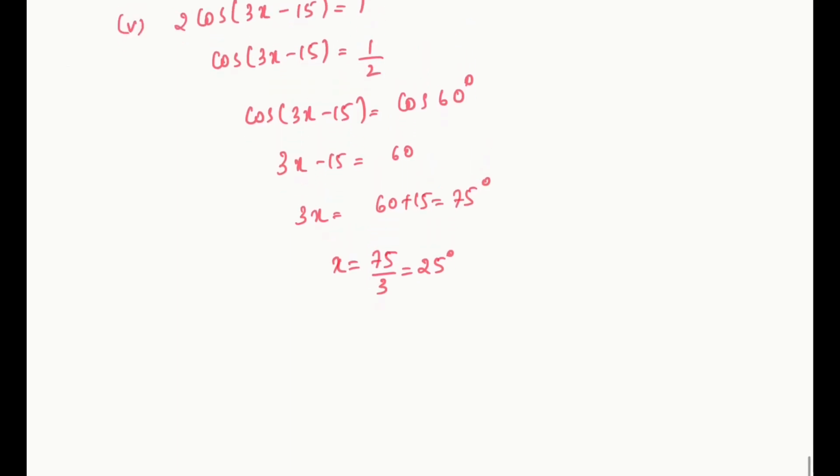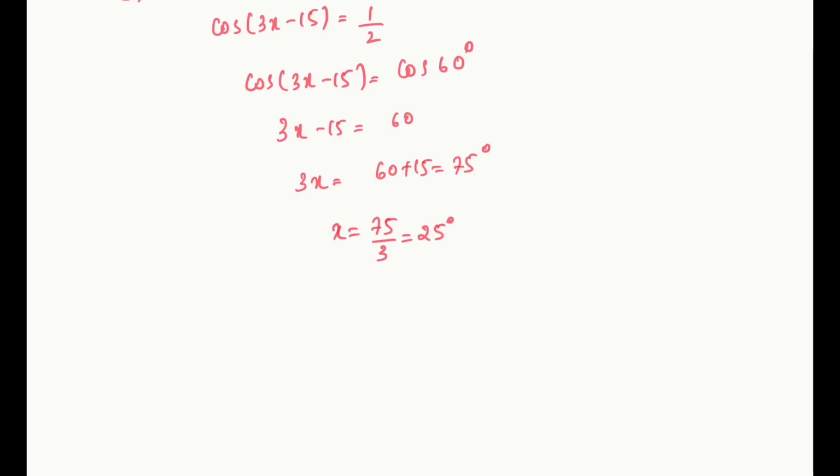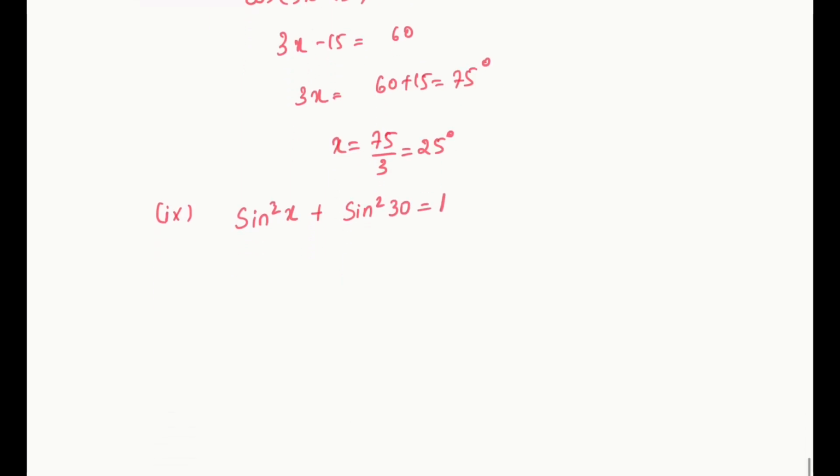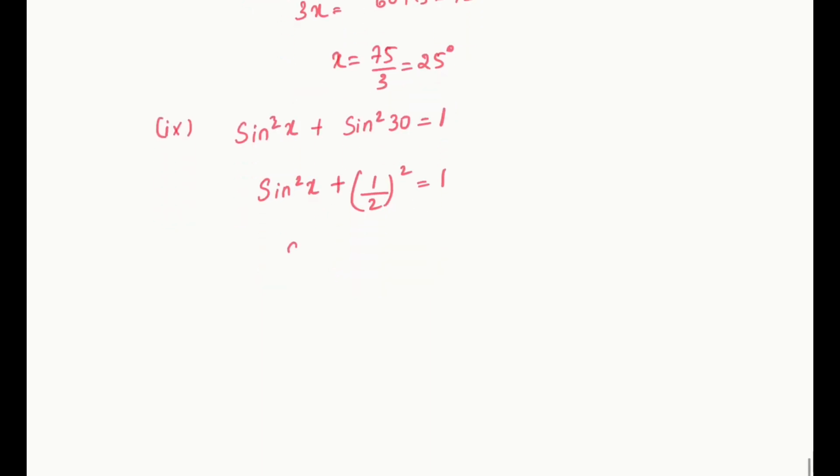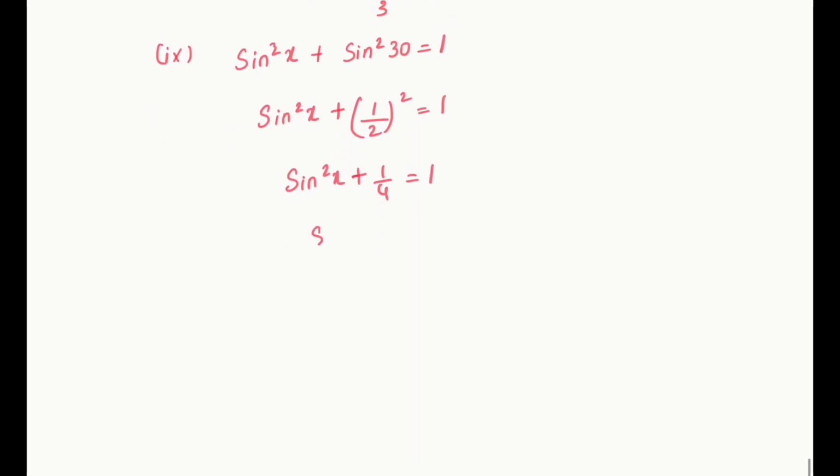Now let me do a different kind of question. Coming to the 9th question. It's given as sin square x plus sin square 30 equals to 1. So sin square x, we don't know the value of x, but sin 30 you know. What is that? 1 by 2, square, equals to 1. So sin square x plus 1 by 4 equal to 1.